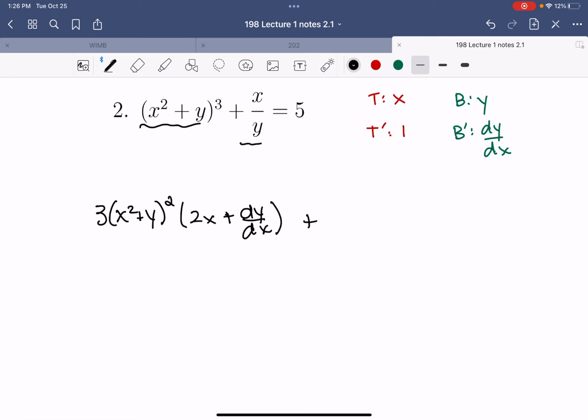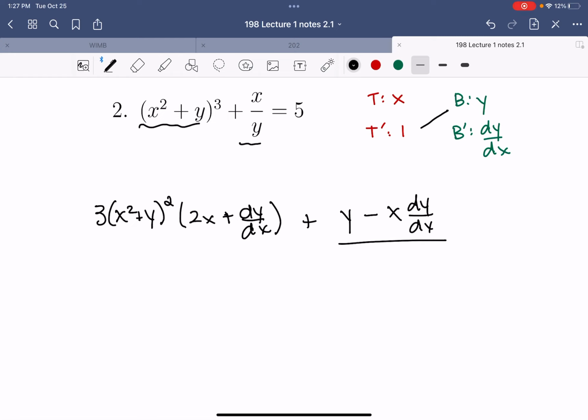The next piece is my quotient rule, and I have all my pieces ready to go. So top prime bottom is y, minus bottom prime top is x dy over dx. And then we have the over bottom squared, so over y squared. And that's equal to 0 because the derivative of a constant is 0.